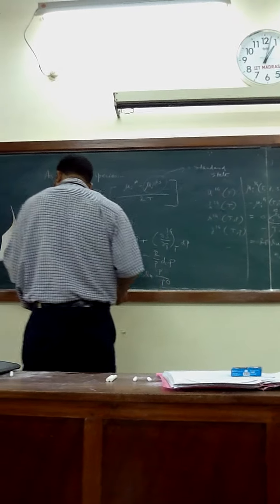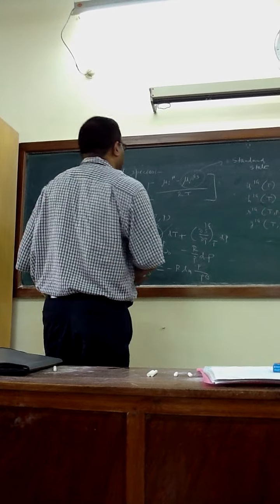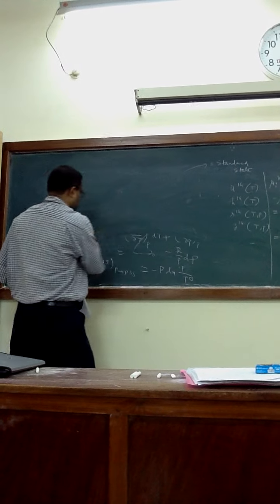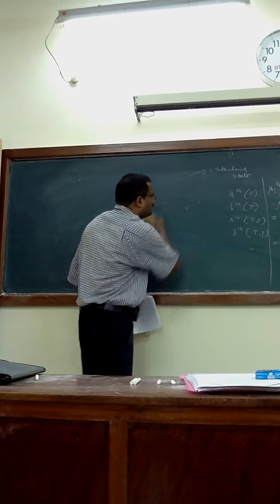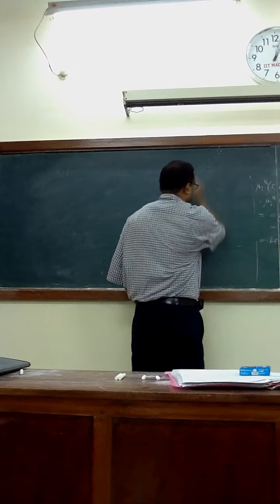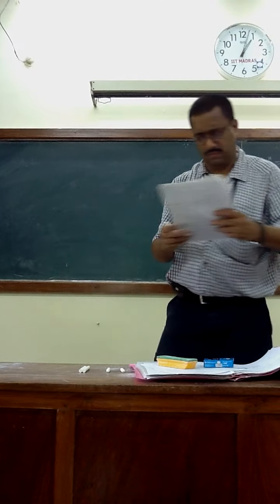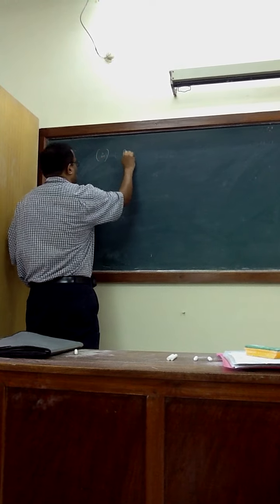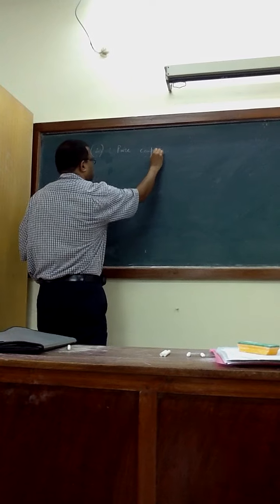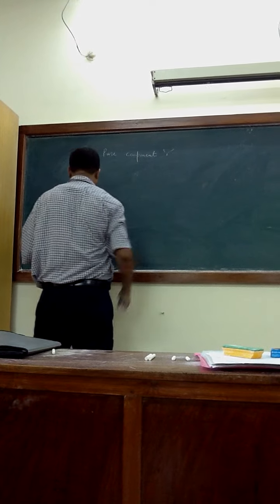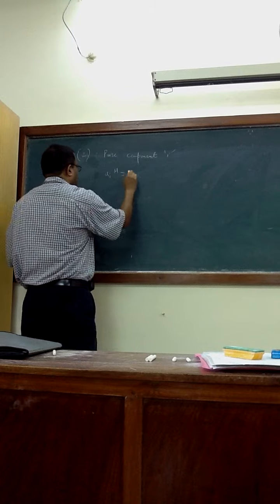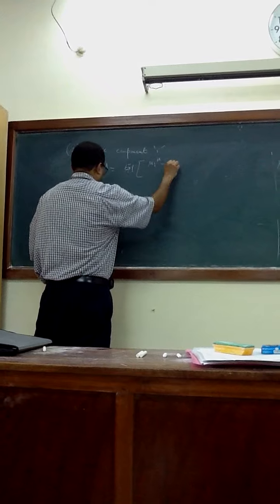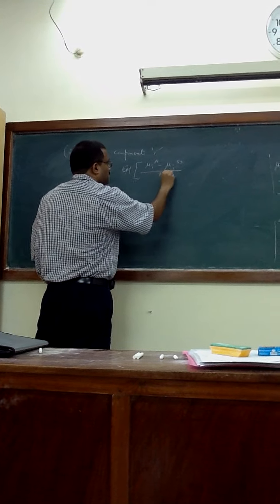AIM is exponential of mu IM minus mu I SS by RT.